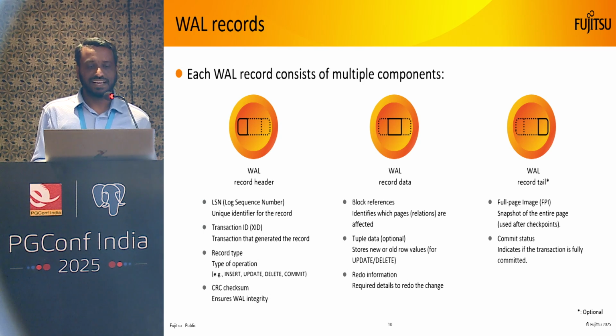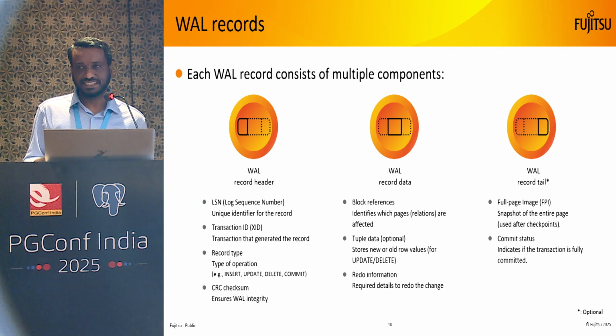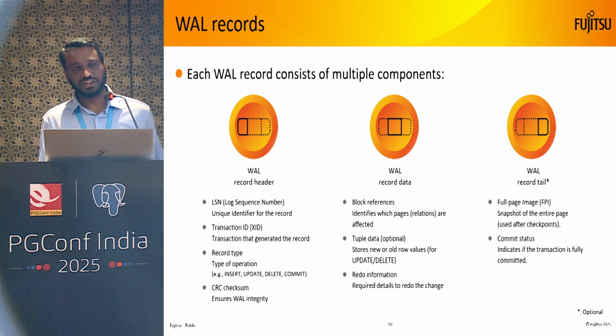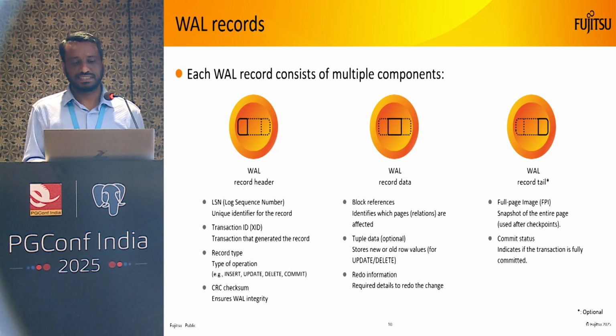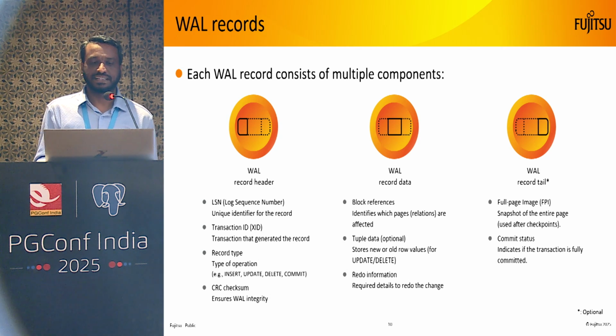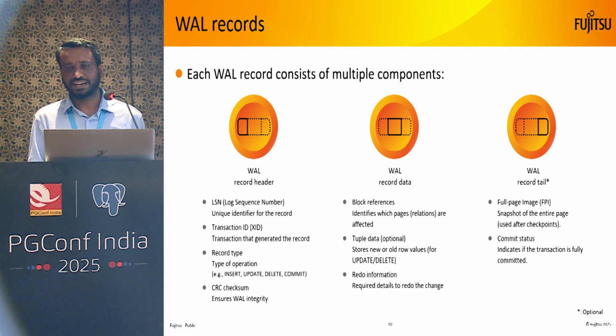Then the transaction ID, the transaction that generated this record, and the record type, like whether you did an insert, update, or delete. And then the checksum for this record, which will help us identify whether any data corruption has happened.